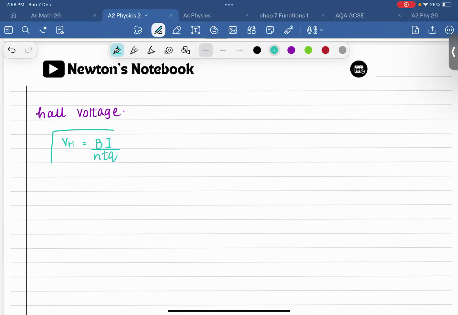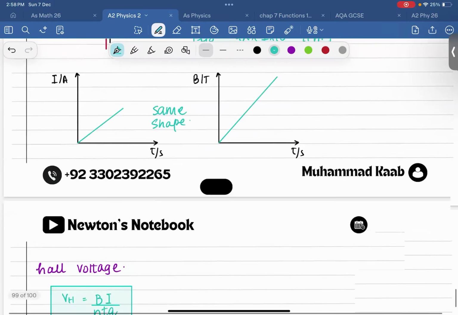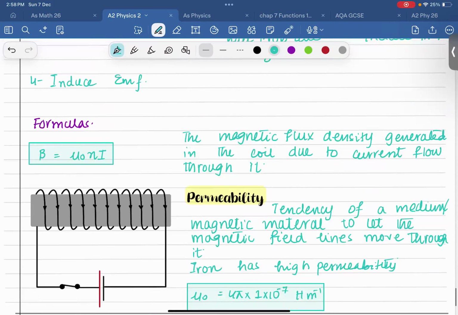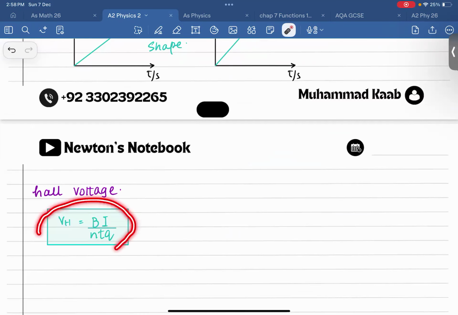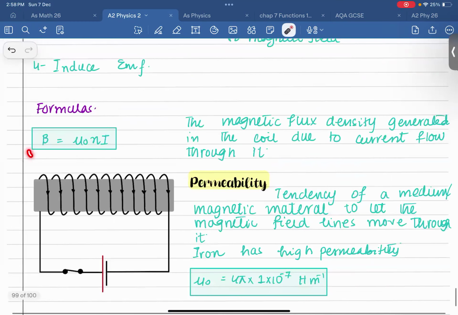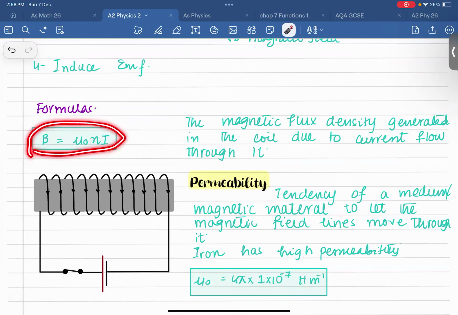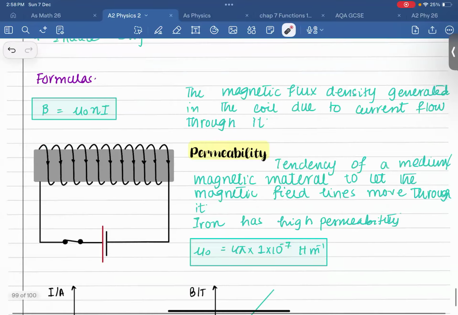This is the formula for the Hall voltage, and this formula will also be given in the exam. Acha, by the way, one of these formulas will be mentioned on the front page of the paper, but I don't think this formula is mentioned on the front page. They'll give it to you in the question if they want you to solve anything regarding this formula.